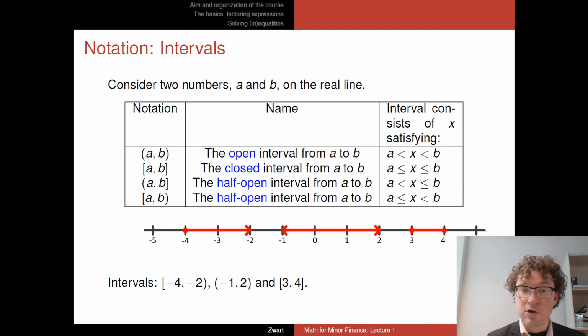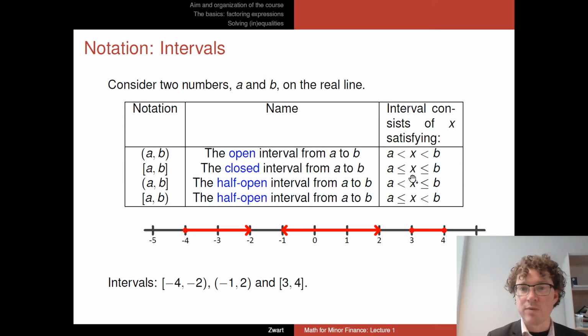If you want to denote all values of x for an interval between A and B, where you actually allow A and B themselves to be part, to be allowed values, well, there's an example over here. Any number between 3 and 4, and 3 and 4, the boundaries themselves, are also okay. This is called a closed interval.